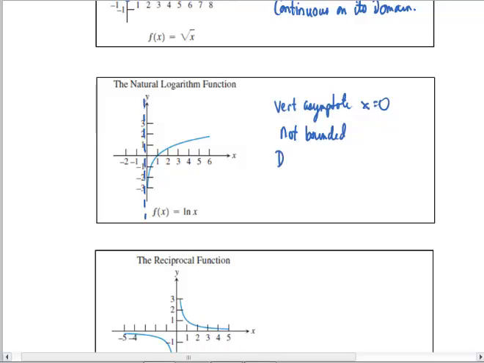The domain is on the interval from 0 to infinity. Notice I did not include 0 in that domain statement. And there's no symmetry.